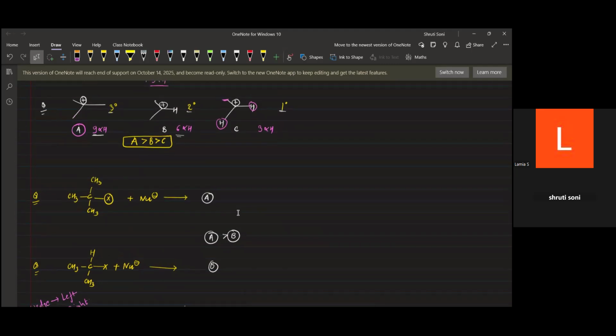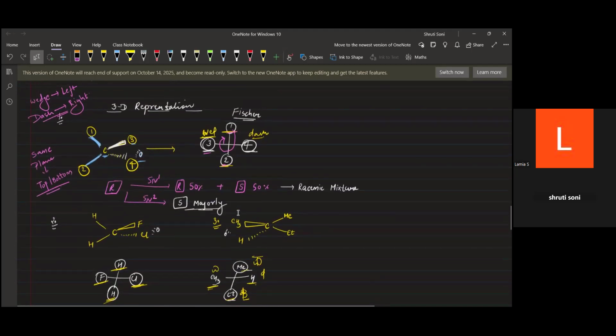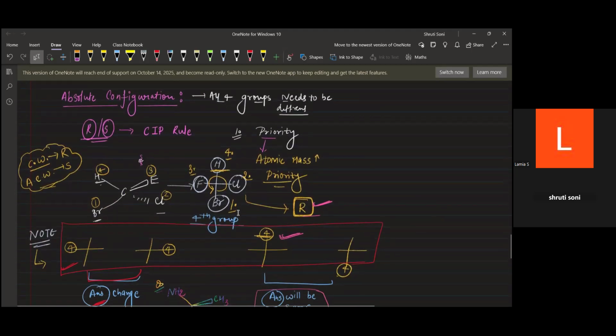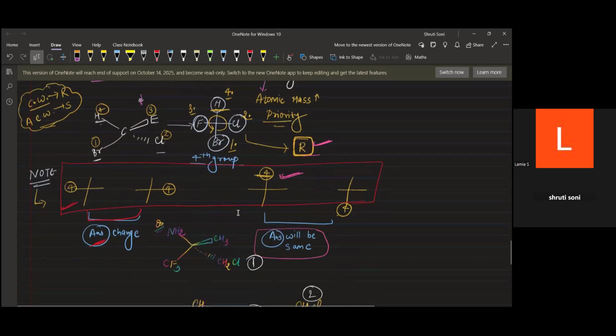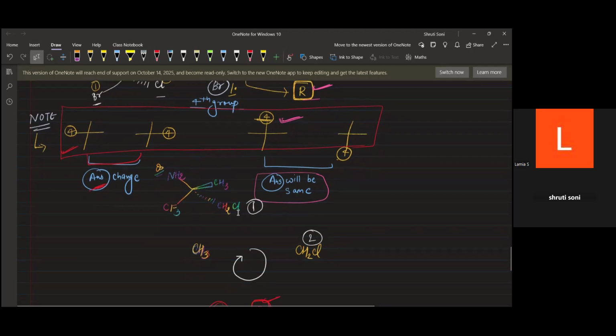This will be the next one. And then there was a last example.